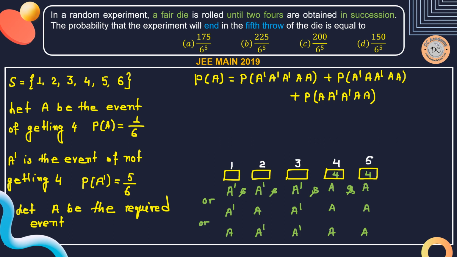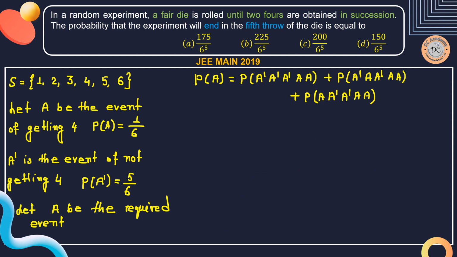Now our job is to calculate this event. To write this down, we just remember one thing: when two events A and B are connected by the AND operator, we can write it in a multiplication form, and when it is an OR format, it should be addition. But here, if I observe, we are talking about three events in five throws.